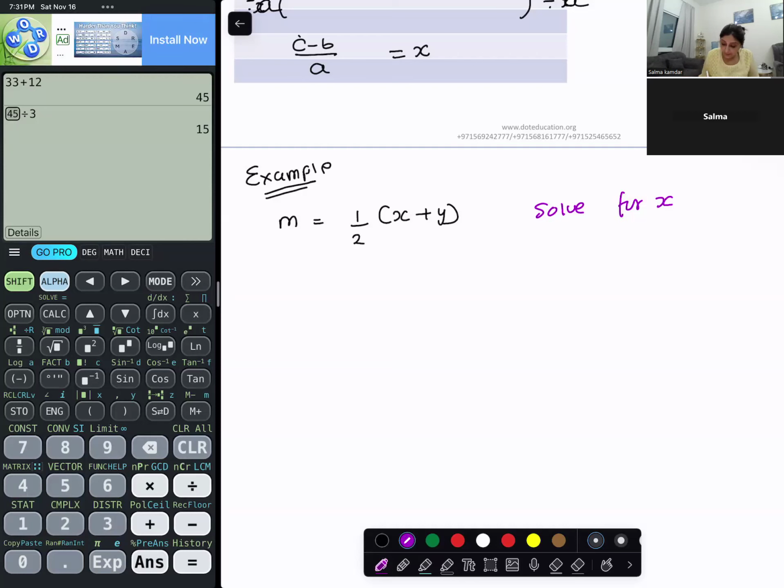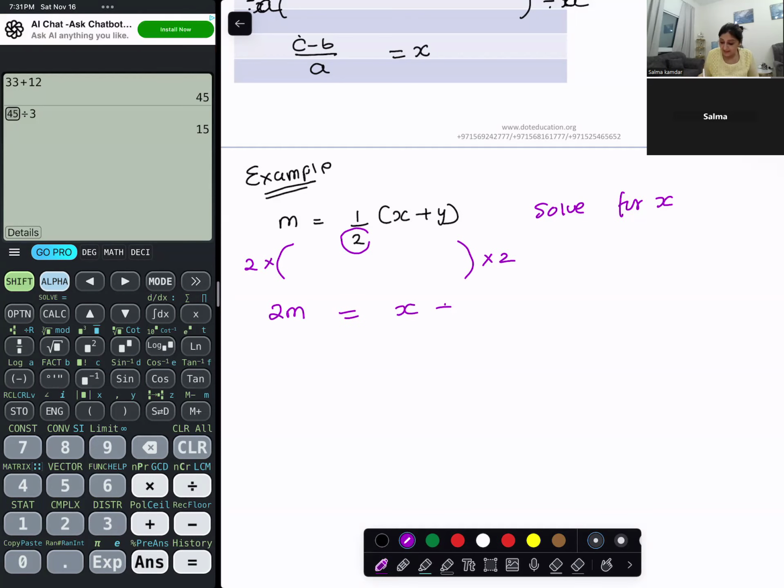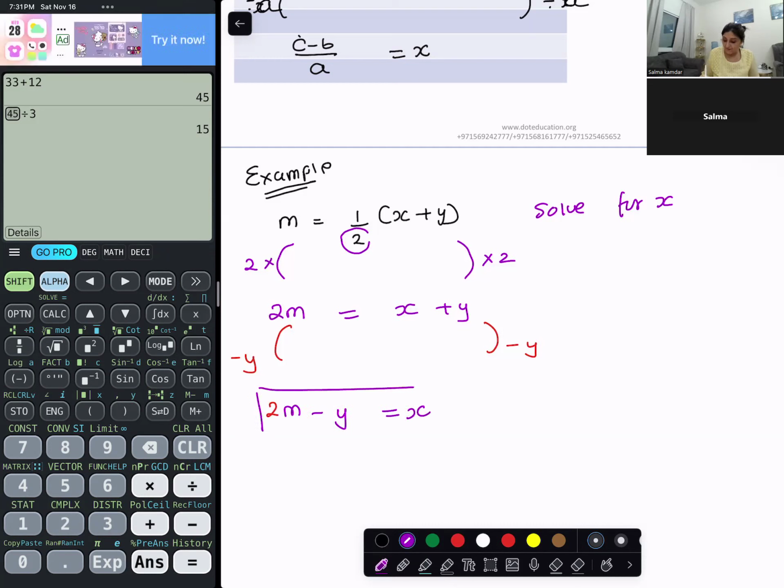This is given divide by 2. So I can first multiply both the sides by 2. Whatever I am going to do, I will do it on both the sides. So my 2M is going to become X plus Y. Now I can remove Y from both the sides. So what I'm left with is 2M minus Y is equal to X, and I have solved this for X.